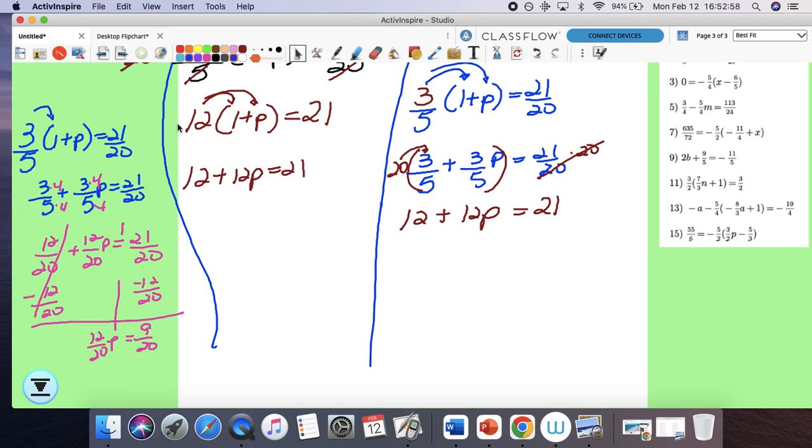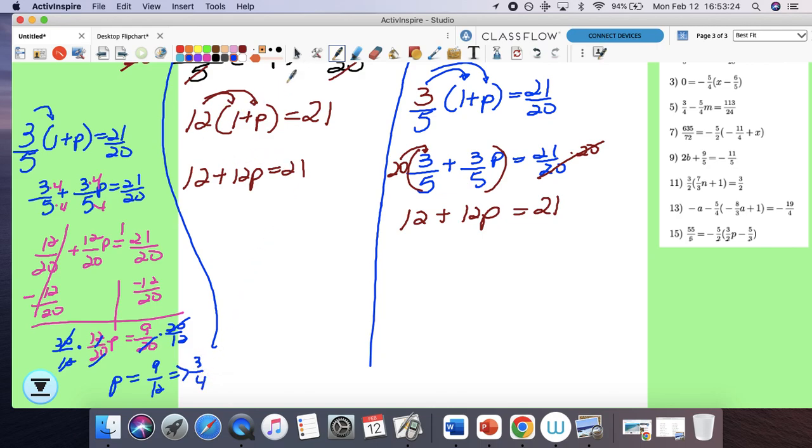I can then multiply, right, by the reciprocal of 12 over 20, which is 20 over 12, and then multiply this by 20 over 12. This and this all simplifies, and I finally have my variable isolated, which is p. This and this simplifies, and I get 9 over 12, which will give me 3/4 eventually.